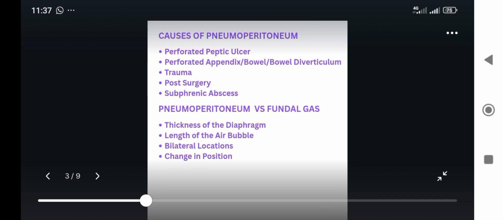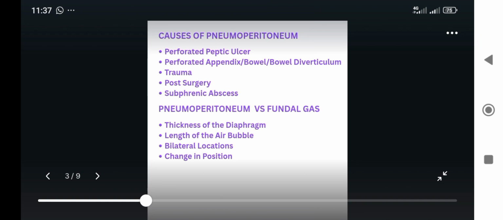Then we'll look at the length of the air bubble. If it is a pneumoperitoneum, then the length will be longer than that of the fundal gas. Fundal gas is found in an organ which is localized in a particular location, and it's still the highest point of the stomach, which is the fundus, where we commonly find this air.